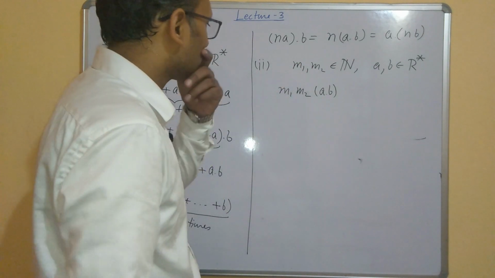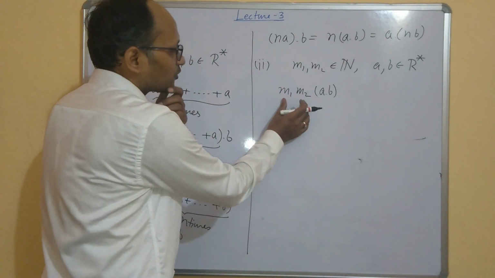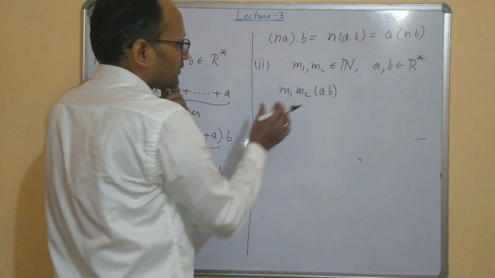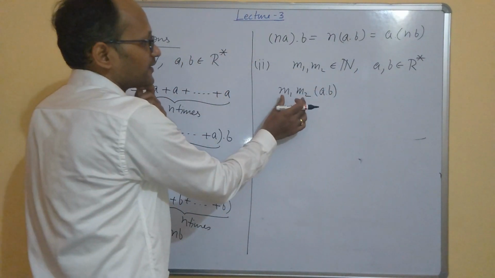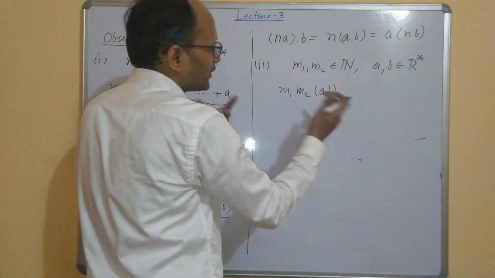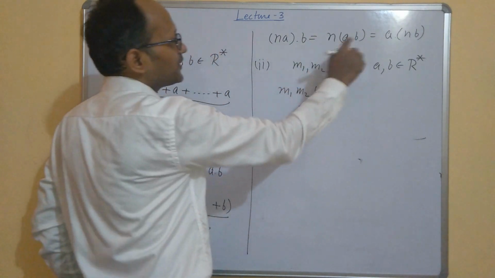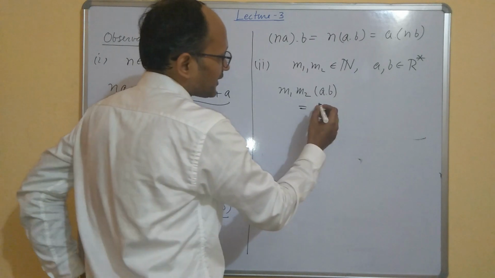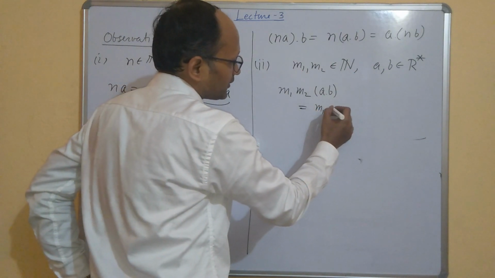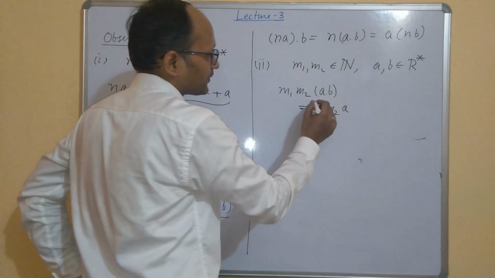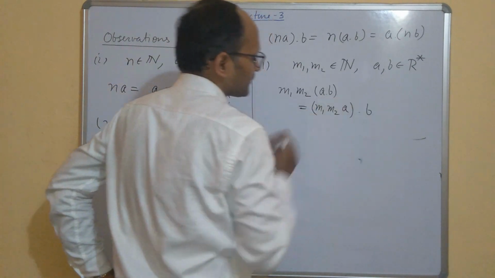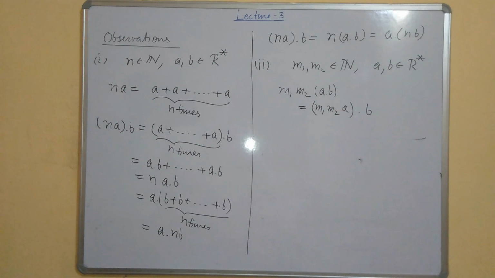Now by the above property, the product of these two is also a positive integer. This is an element of the ring, a dot b you can say, and this is some integer outside. So by this observation we can write it as m1 m2 a into b.